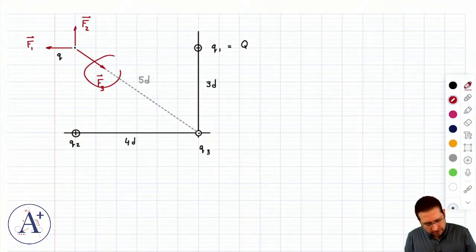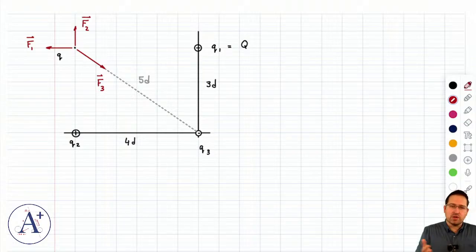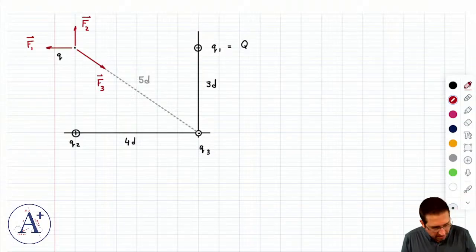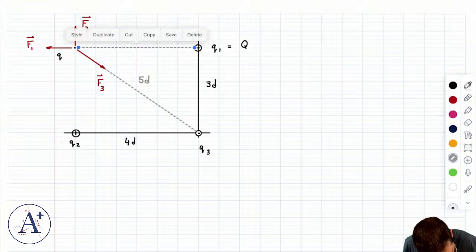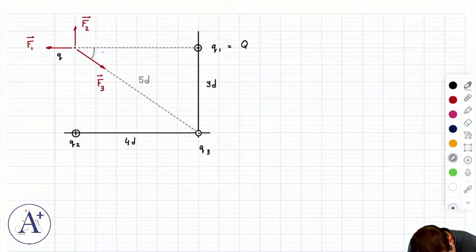But what about this guy? This guy's both along x and y. So the truth of the matter is that I'm going to need components for F3. I'm going to have to find the x component and the y component. This is obviously a skill from Physics 1, but you need to be good at finding components of forces again. So call this theta.